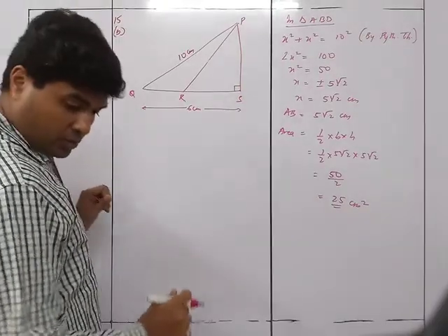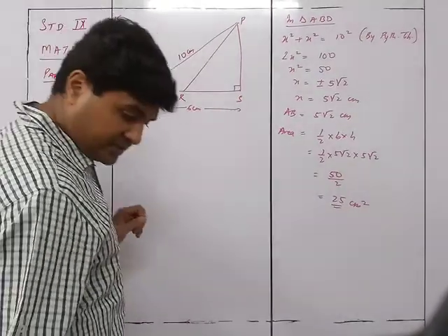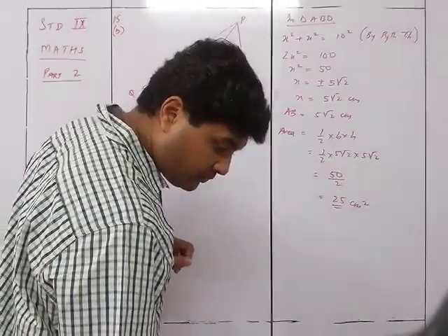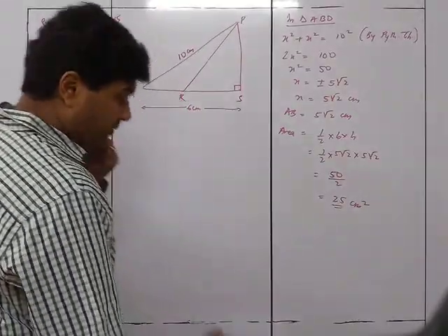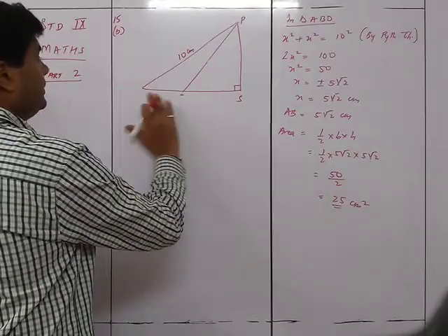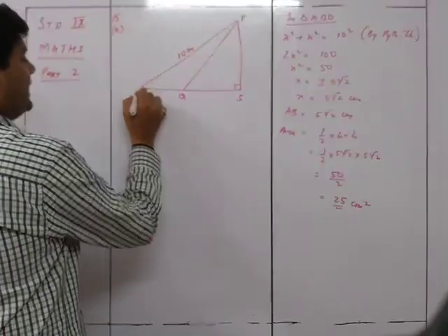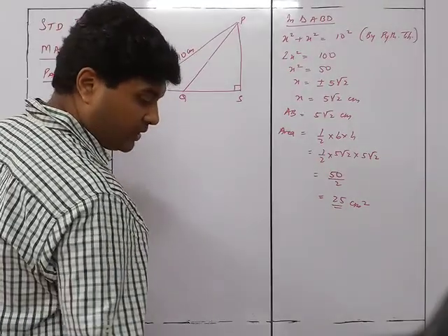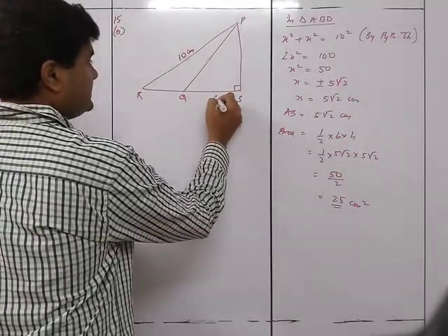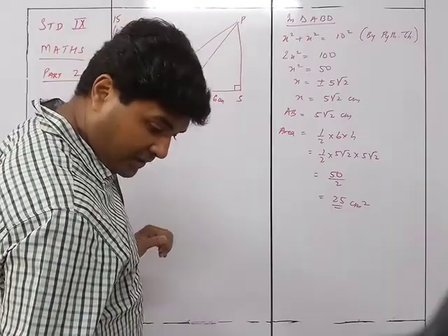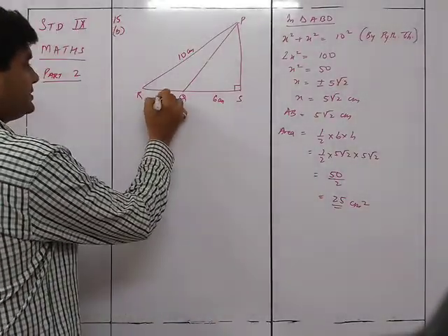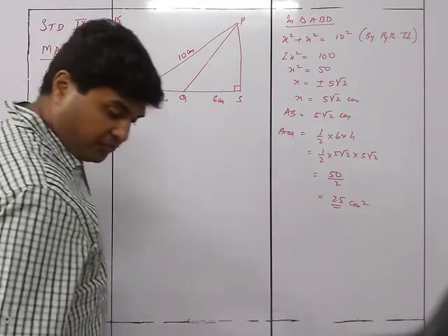QR is... QS is 6, one sec, I think I made a mistake, SQR, okay. It is Q here and R over here. So that is why we have got QS equals 6 centimeters and QR as 9 centimeters. You need to find PR.